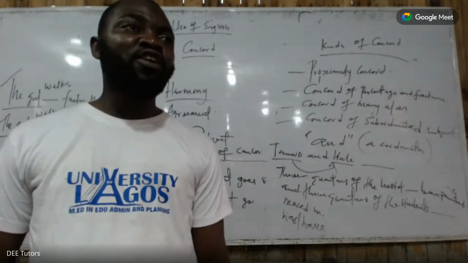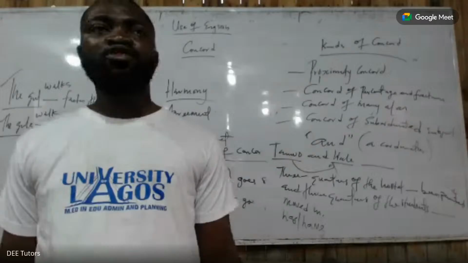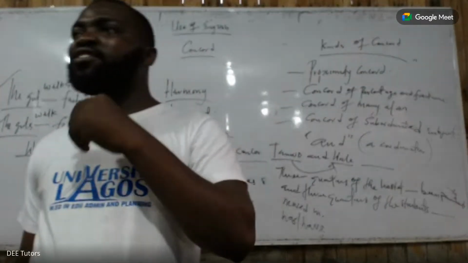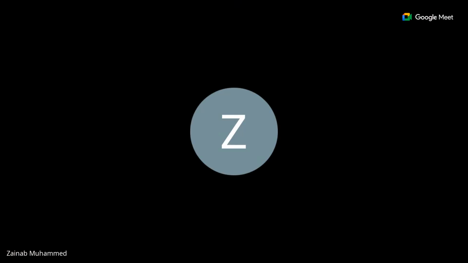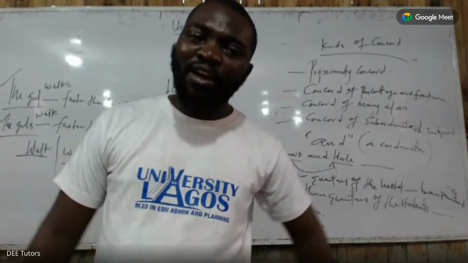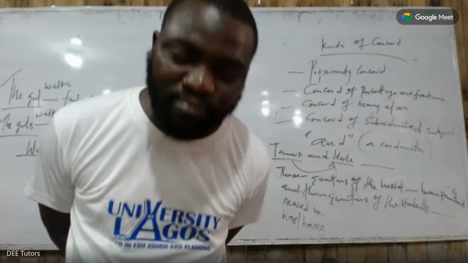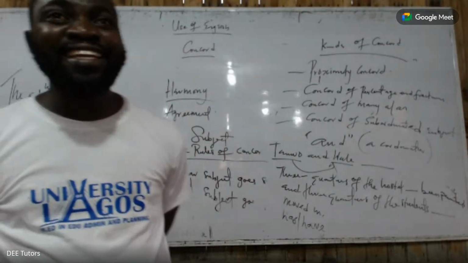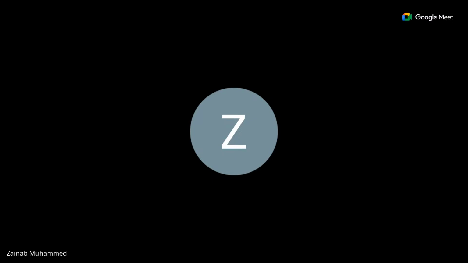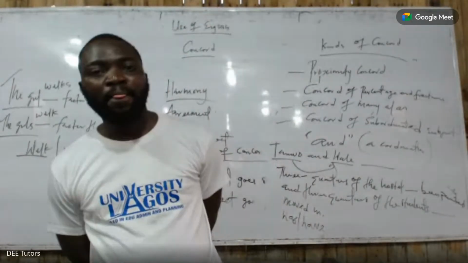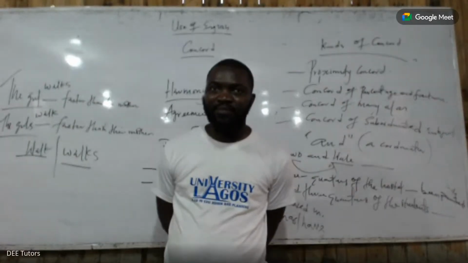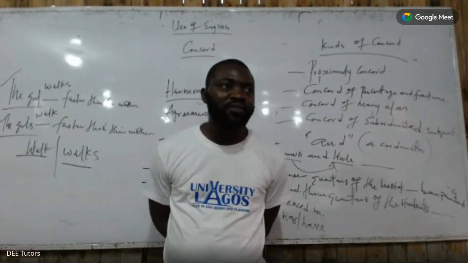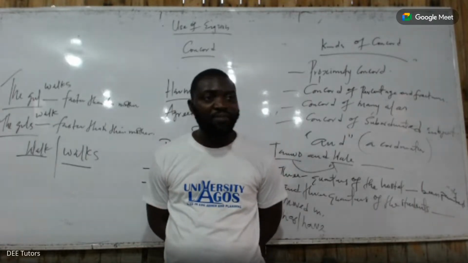It is the subject that comes before the subordinating conjunction that controls the verb.